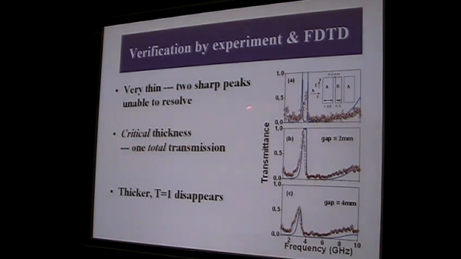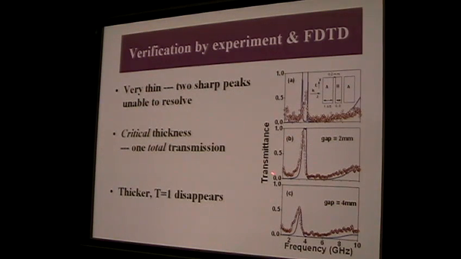We performed experiments, and in most cases the experiment agrees with the theory quite well. However, in this case we do not see two peaks, because the two peaks are too narrow to be detected, so the experimental peak is only one. But anyway, at these particular situations we do have a perfect transmission peak here.